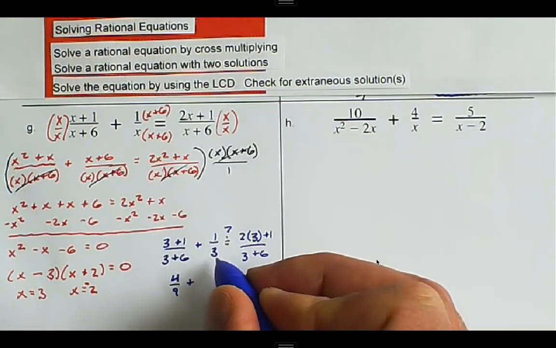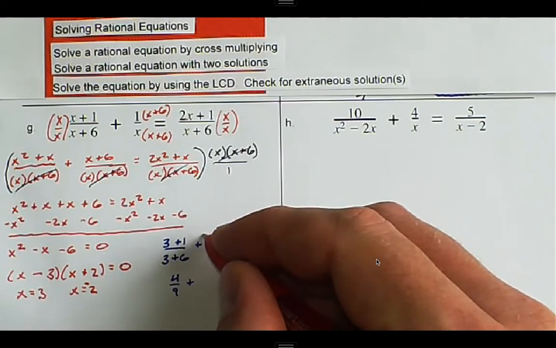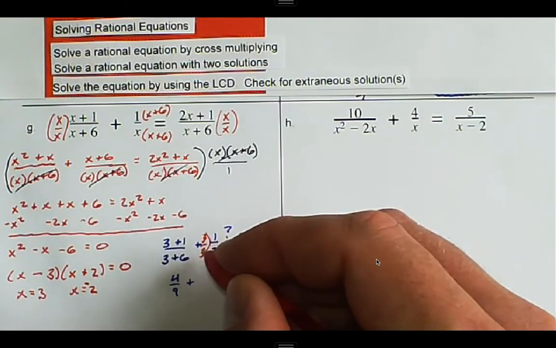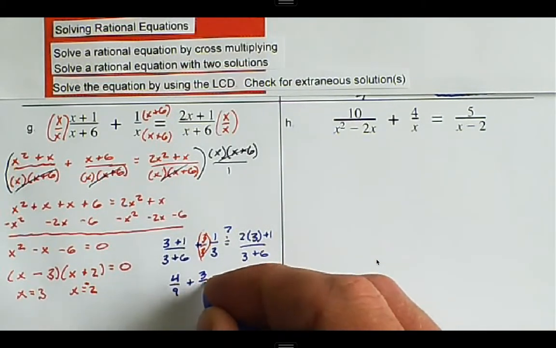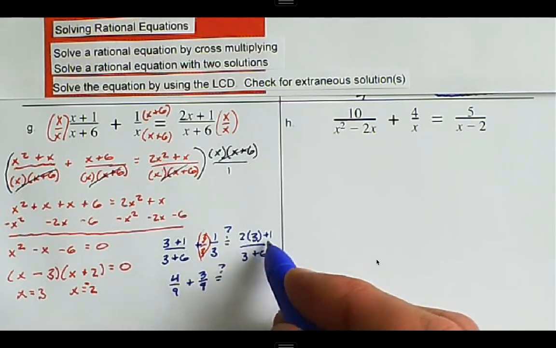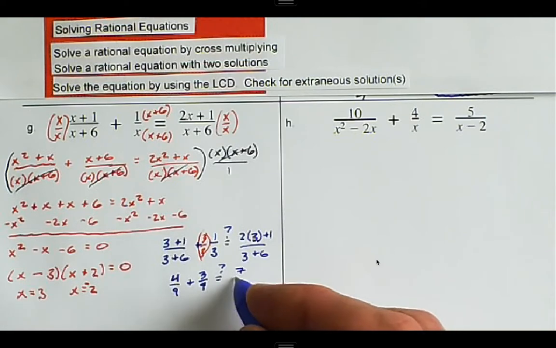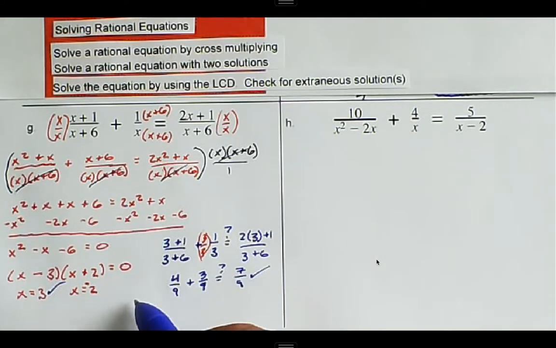So if we multiply this by 3 over 3 here, then we're going to get 3 over 9. And then that is equal to 6 plus 1 is 7 over 9. So that does work.